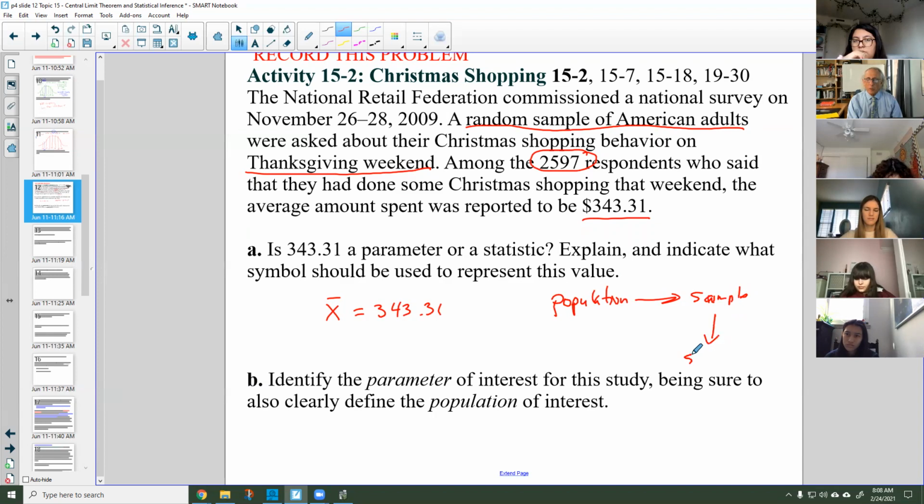From the sample, we get a statistic. And then from the statistic, if we do everything correct up till then, we get a parameter, which is what applies to the population. So a statistic is to a sample like a parameter is to the population.